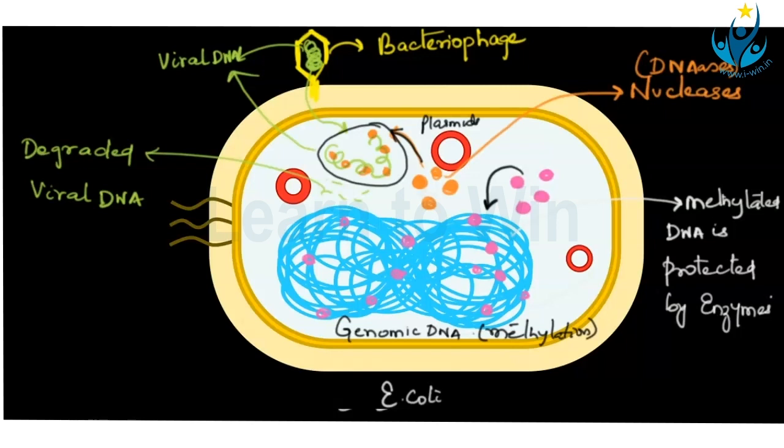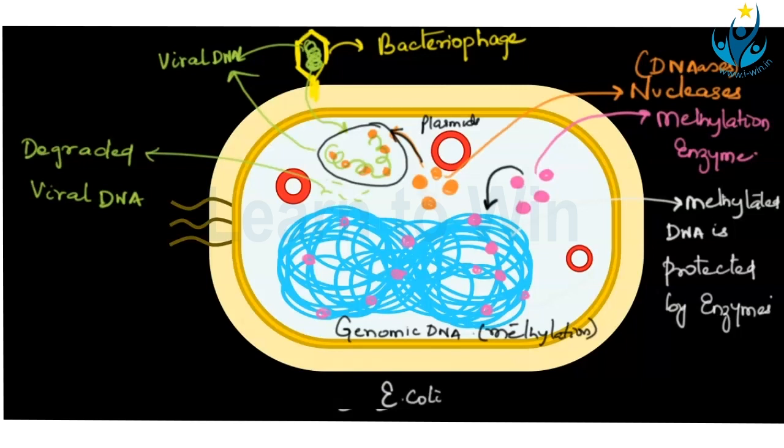These pink color molecules here, we will call them the methylation enzymes. So the bacteria releases two sets of enzymes. One is the digestive enzymes, one is the protective methylase enzymes. Clear? So it is a kind of internal protection mechanism.